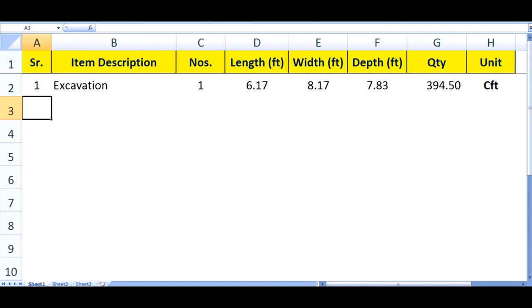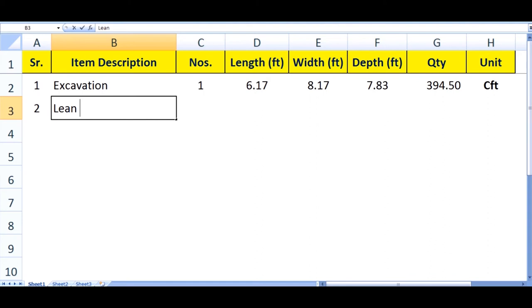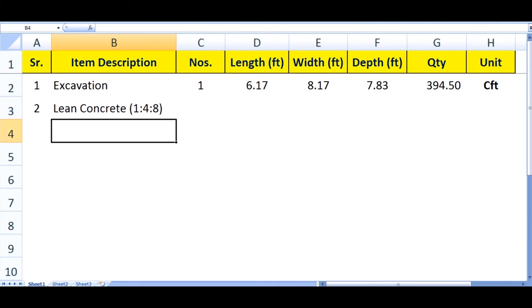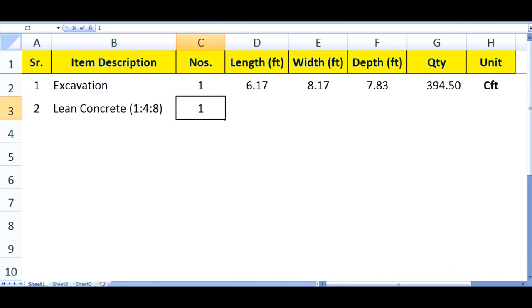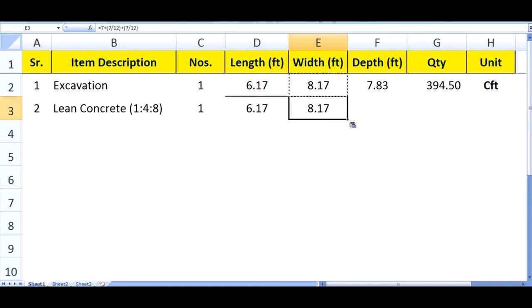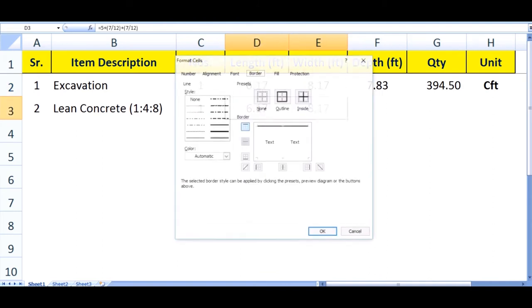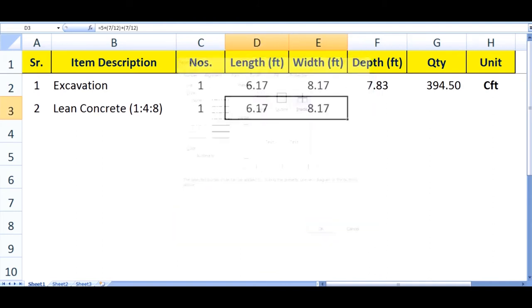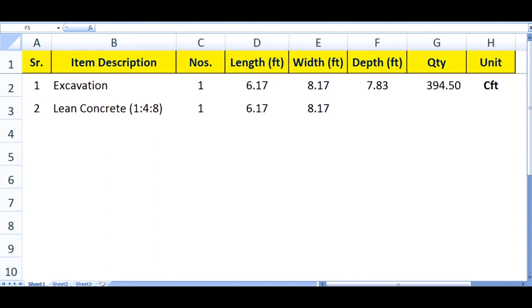The second item will be lean concrete. We write here lean concrete and ratio 1 is to 4 is to 8. Similarly write number 1 for lean concrete, the same length and width will be written here. The only difference between the excavation and lean concrete in this diagram is thickness.